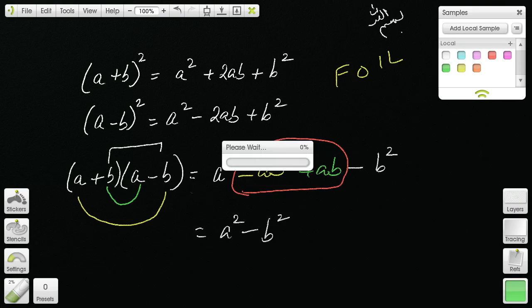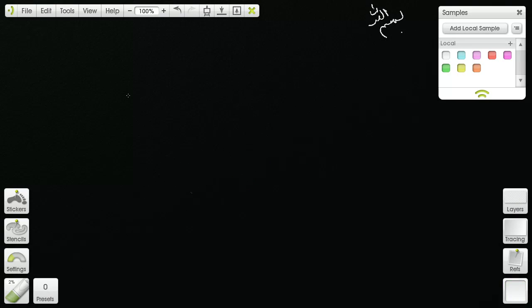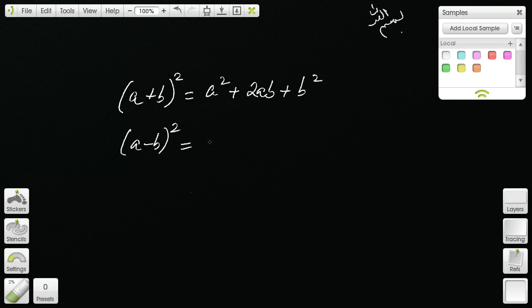Now let me relate all three of them. The three special cases are (a plus b) squared, which is a squared plus 2ab plus b squared. And then (a minus b) squared is a squared minus 2ab plus b squared.